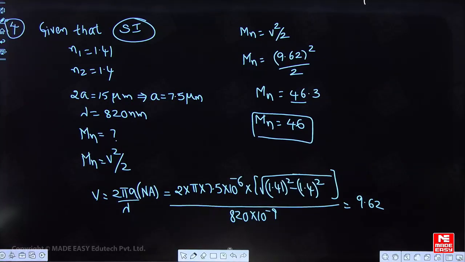Alright, the next question, all of you. Question number 5. A graded index fiber has N1 is equal to 1.5, and N2 is equal to 1.45.